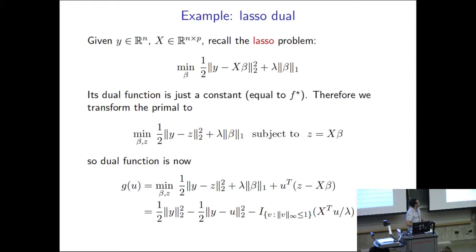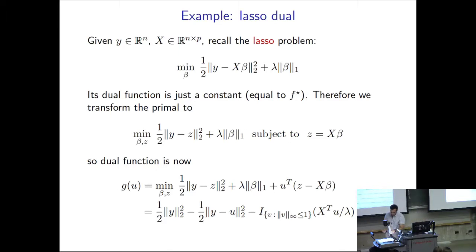And well, one challenge is that if you actually look at the lasso, there are no constraints. Let's look at this version of the lasso, the penalized form, which is a popular form to think about. There are no constraints. So what is the dual function in this case?